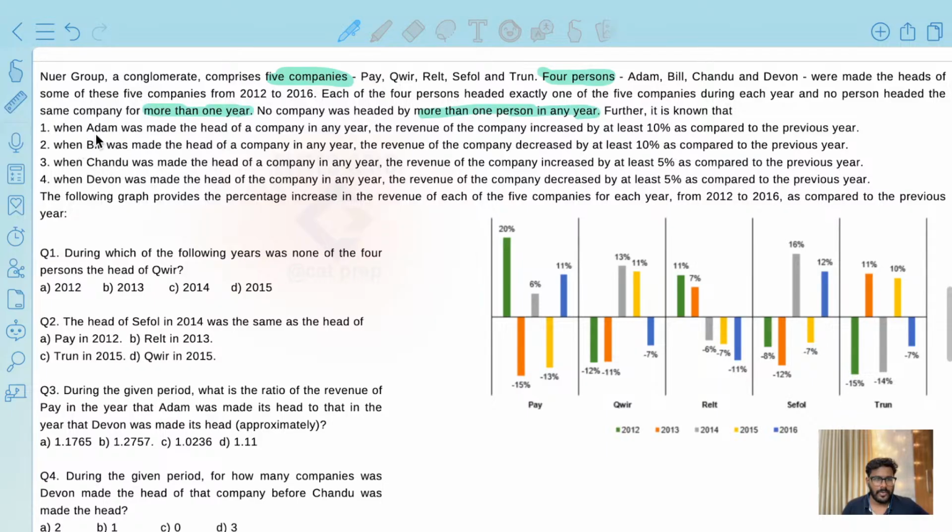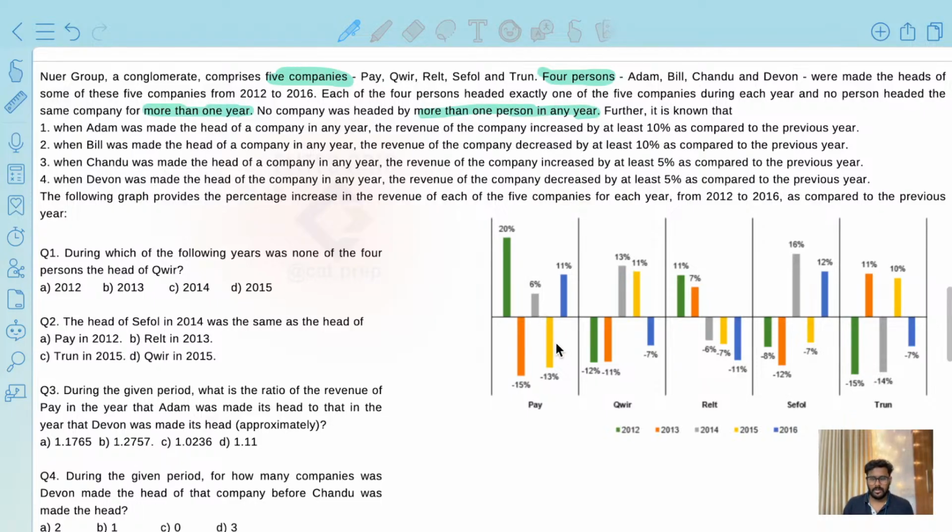When A was made the head of a company in any year, the revenue of the company increased by at least 10% as compared to the previous year. So this was not the case. 15 minus 15 to 6%.